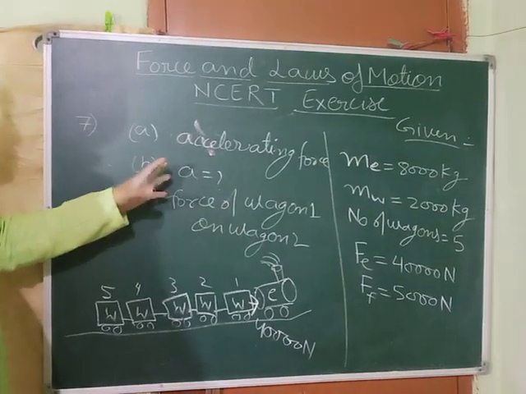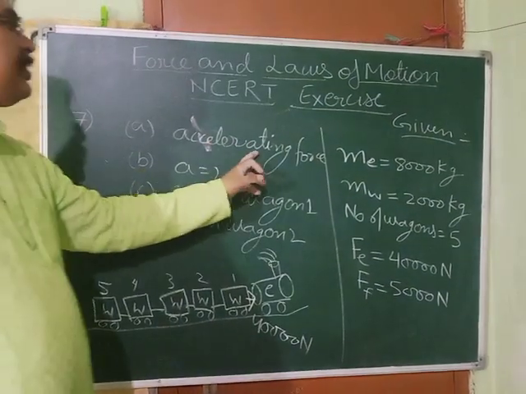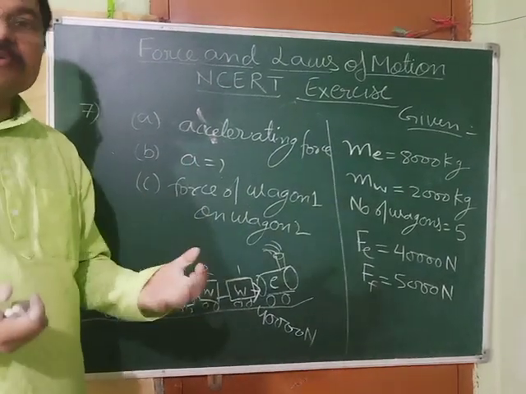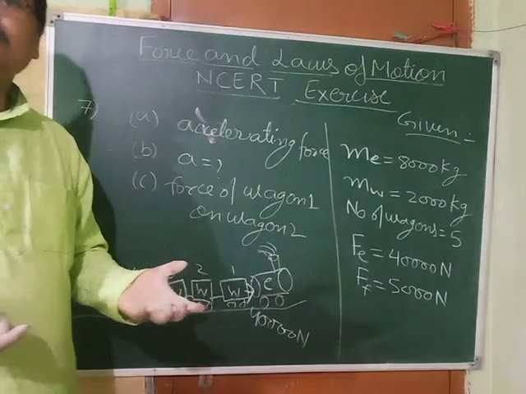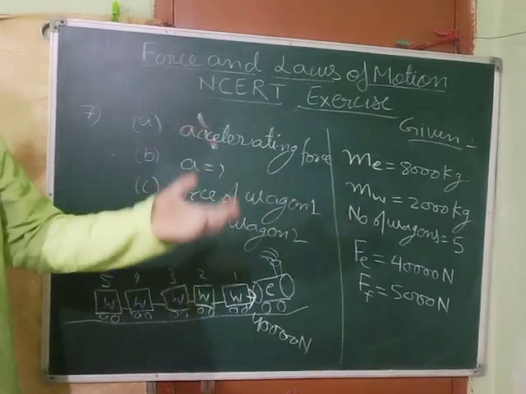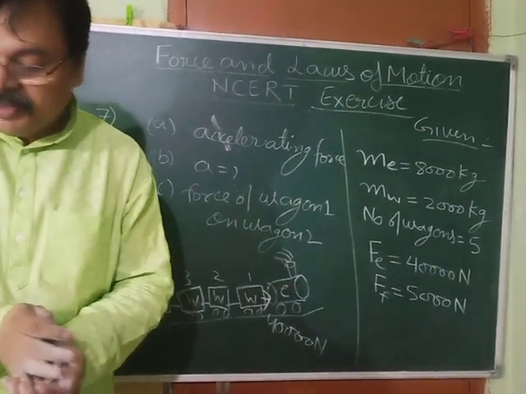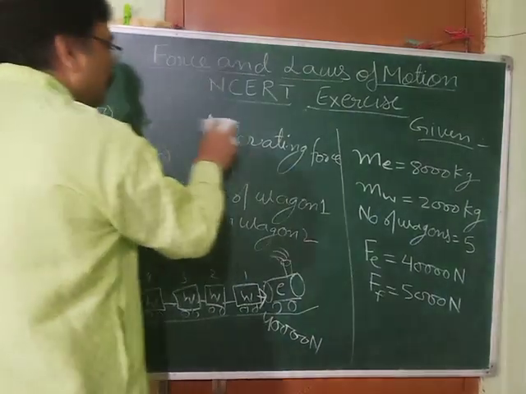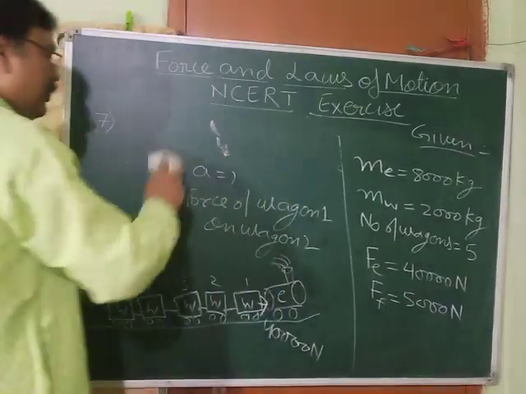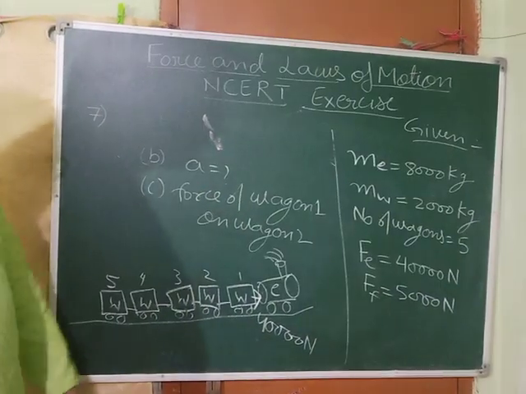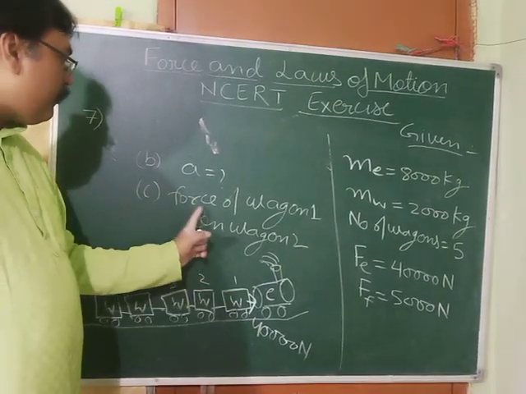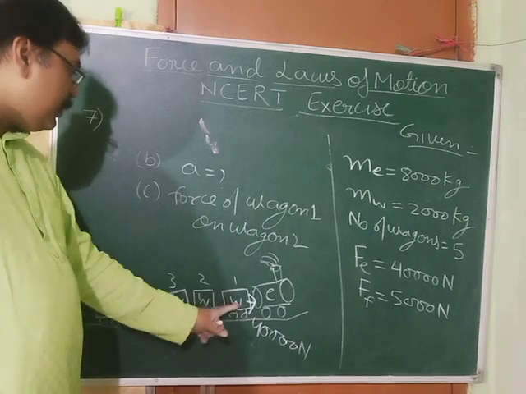Now, what is the question? First part, what is the accelerating force? Accelerating force means the net force which will be responsible for motion of the train. Second part, we have to find the acceleration of the train, and third part, the force of wagon 1 on wagon 2.